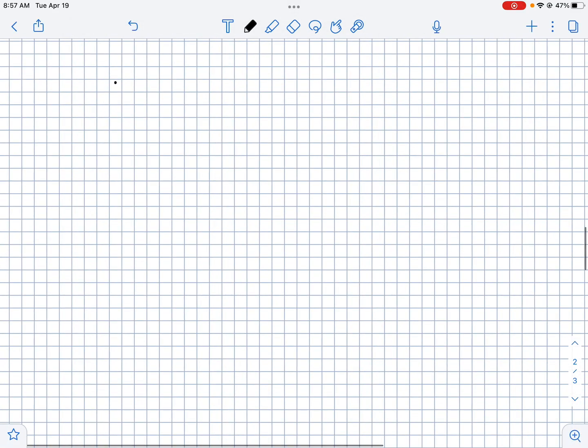Okay, but maybe you have another set of lines like y equals negative 3x plus 4 and y equals 2x minus 1. And we want to know where they're going to intersect.